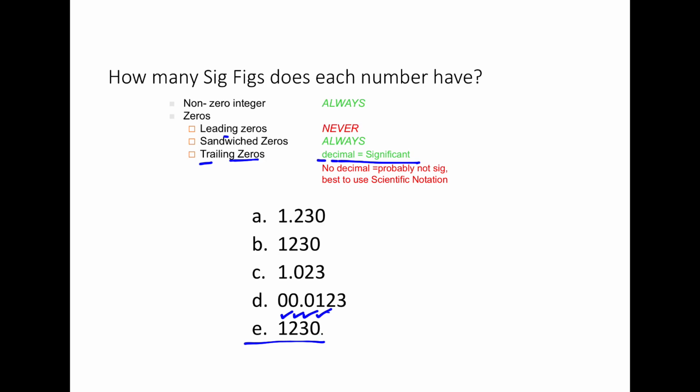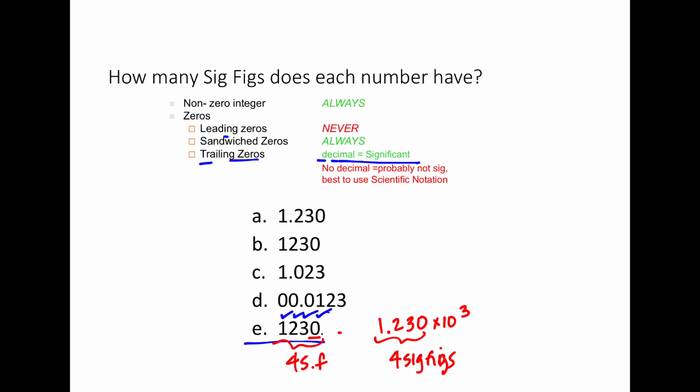Again, in situations like this where you're trying to make a trailing 0 significant or not, the best way is to write it in scientific notation, and the way that we would do that here would be 1.23, and we want that 0 to be significant, so we would put the 0 there, times 10 to the 3. So again, this has 4 sig figs, just like our number here did.